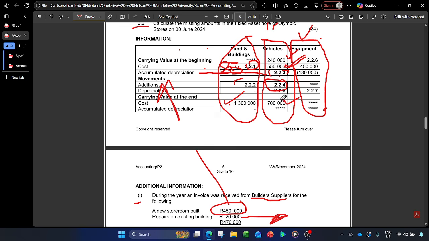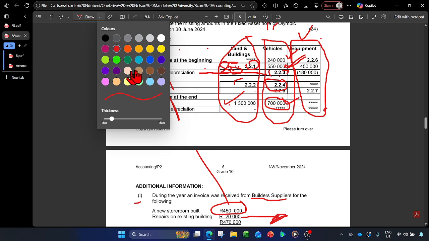Is 700,000. So guys, this is what I want you to notice when doing this. You can see the cost at beginning is 550,000. Remember, cost guys doesn't change and it's not affected by the depreciation. So an asset is recorded at its historical cost. Now if you see that the cost changed to 700,000, increased, that means there was an addition of cost during the year.